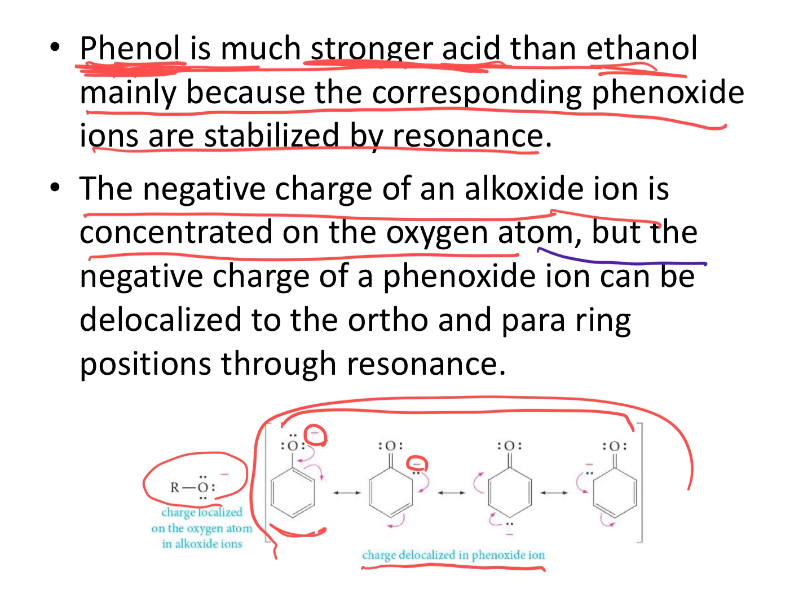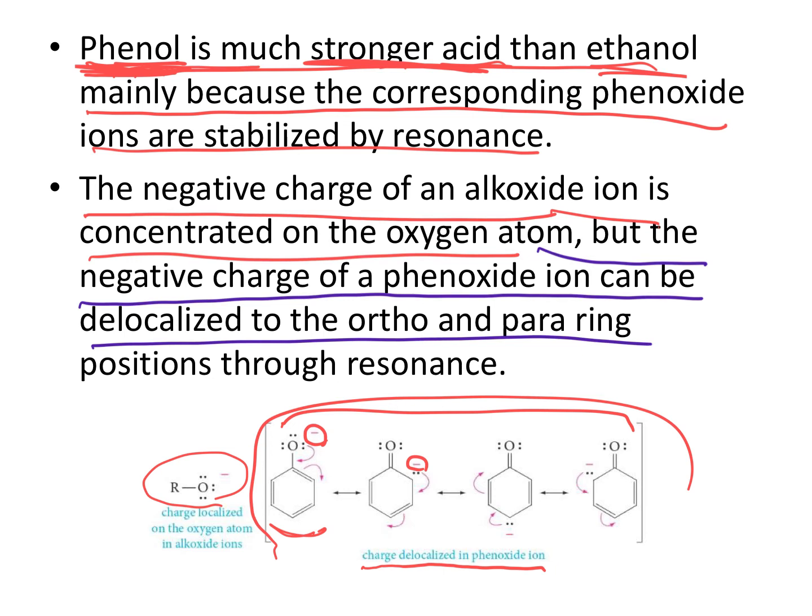But the negative charge of a phenoxide ion can be delocalized to the ortho and para ring positions through resonance. So this structure, because it has resonance, most of the time when you have a resonance structure, is much more stable than other structures if you didn't have this resonance structure. For instance, if you have a cycloalkane. So this structure is more stable. Any questions?